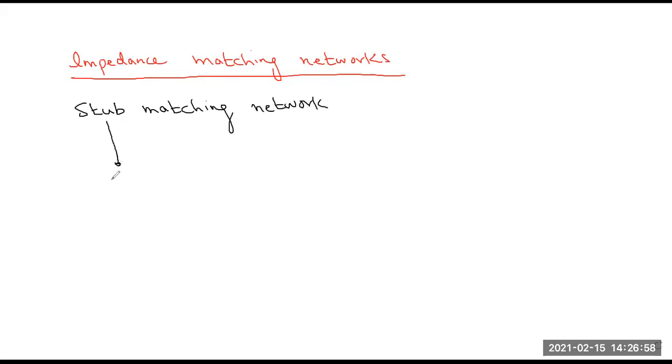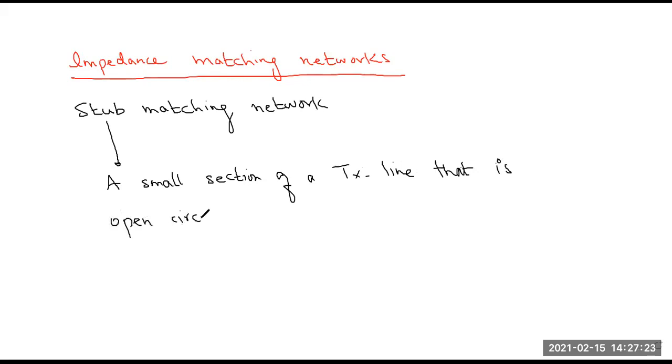The word stub is used for a small section of a transmission line that is open circuited or short circuited.